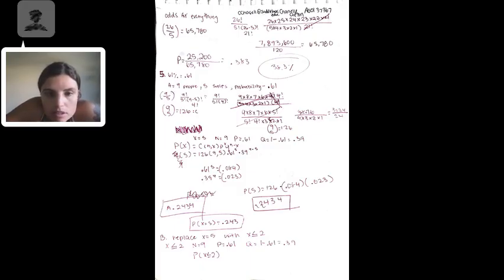Now that we have some of these values here, we are able to move on to our next calculation, which is our binomial experiment formula for calculating probability. So we're going to let P denote the probability of success, Q denote the probability of failure, N denote the number of trials, and X denote the number of successes.